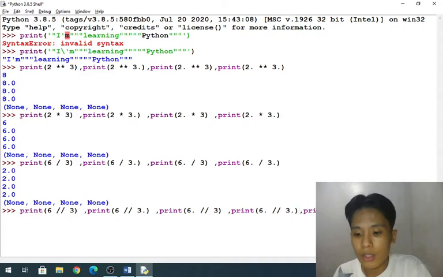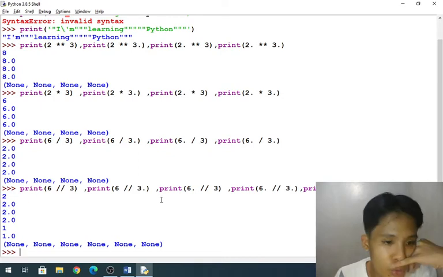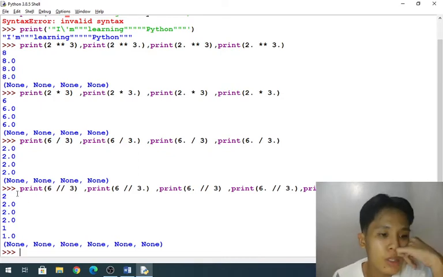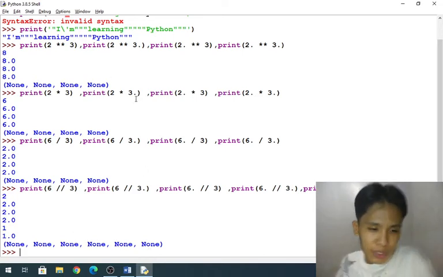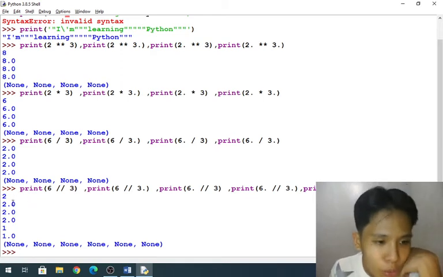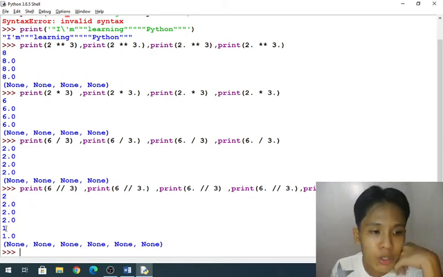Let's see. Ooh, a combination of integer and float with 1, 2, 3, 4, 5, 6 nones. So let's take a look at this. So 2, 2.0, 2.0, 2.0, 1, 1.0.